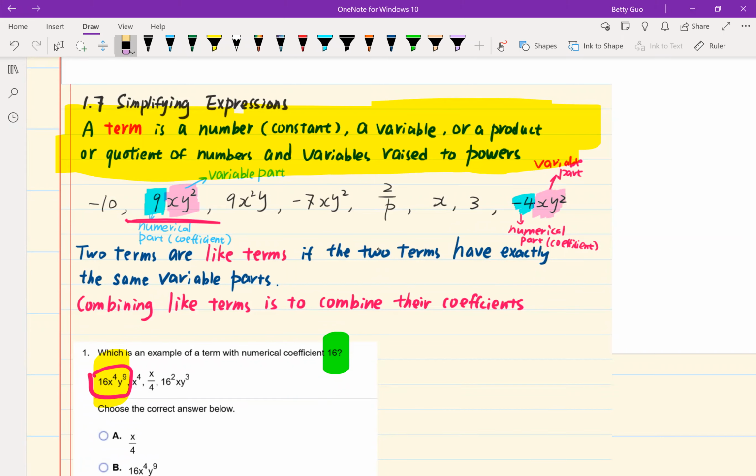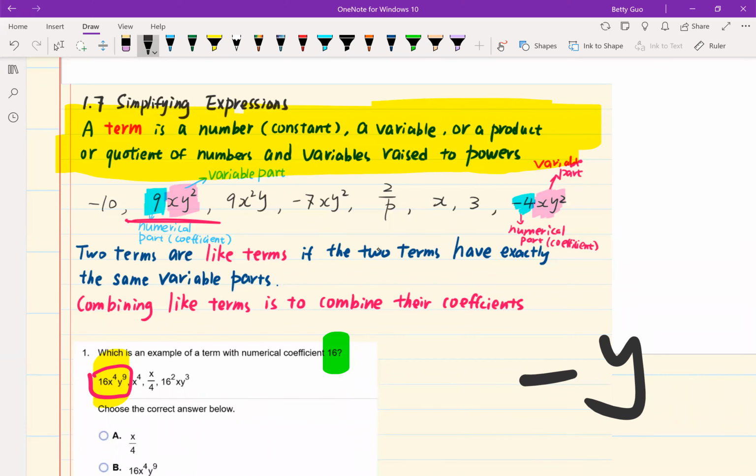Okay. Yeah. The last one, what's the coefficient? -4. Yeah, be careful. The sign is a part of the coefficient. What's the variable part? Perfect. Yeah. So what if I give you -y? What's the coefficient? Coefficient of -y.